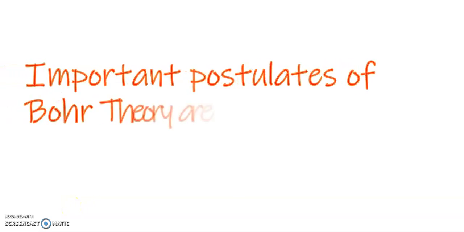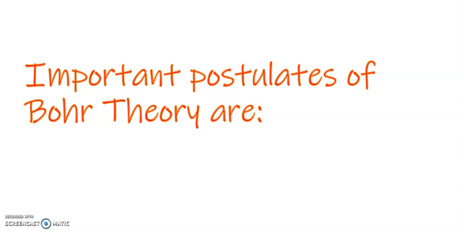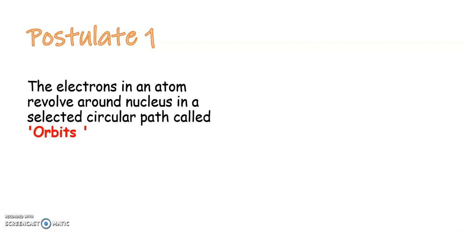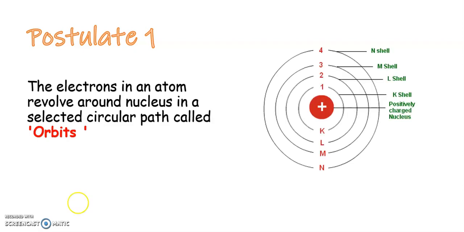Here I am discussing the postulates of Bohr theory. The first postulate is that the electrons in an atom revolve around the nucleus only in selected circular orbits. Each orbit is associated with a definite energy, a definite whole number of quanta of energy.